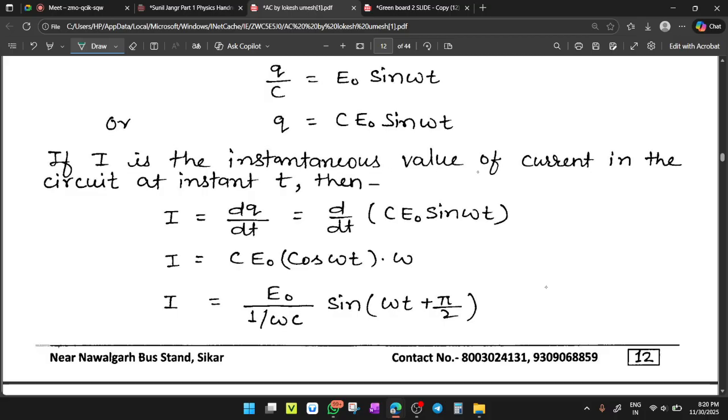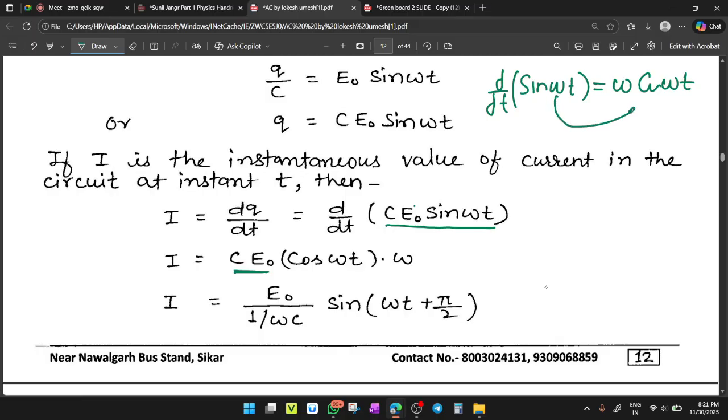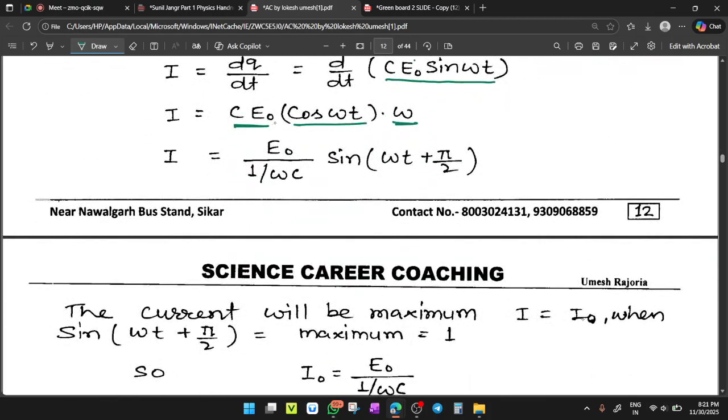If I is the instantaneous value of the current at an instant t, then I equals dq by dt. This equals d by dt of C E naught sin omega t. C and E naught are constant, so they come outside. The differentiation of sin omega t is omega cos omega t, because the coefficient of t comes outside.